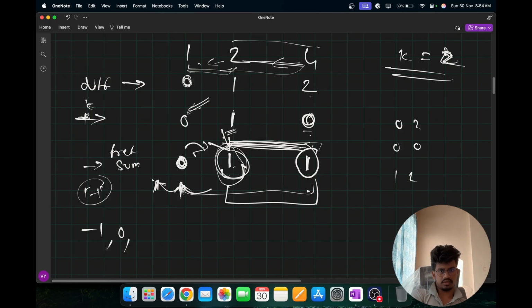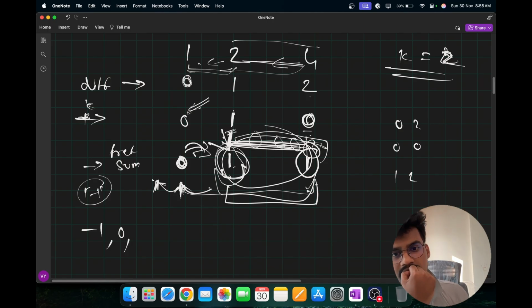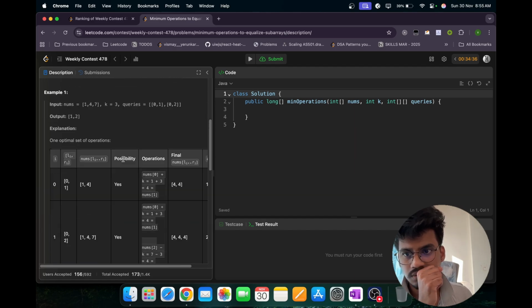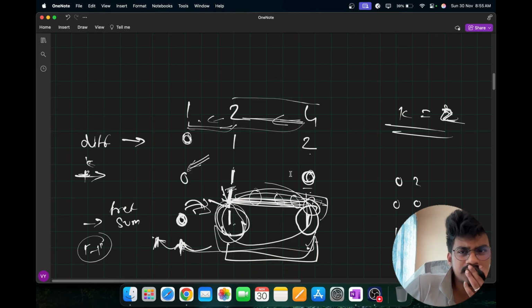Does it even matter? Is it from here? Then this is completely equal part. If it is the same guy, like 1, and here it is again 1, which means that here it was 0 difference, again here it is also 0 difference. That's why it is the same. So again this and this is same, which means that again the answer is 1, n minus 1, which is 2 minus 1. Can this create some problem?